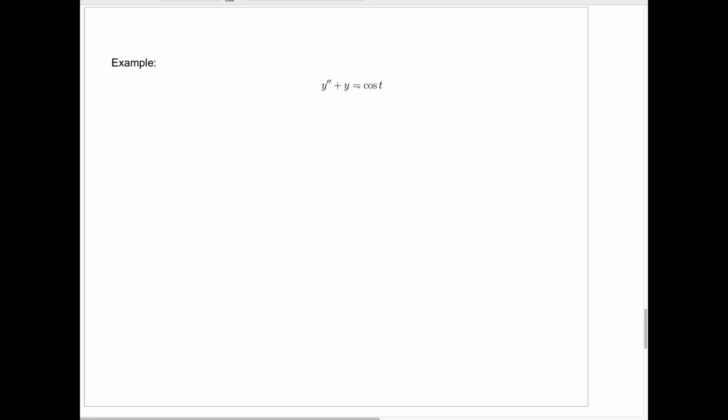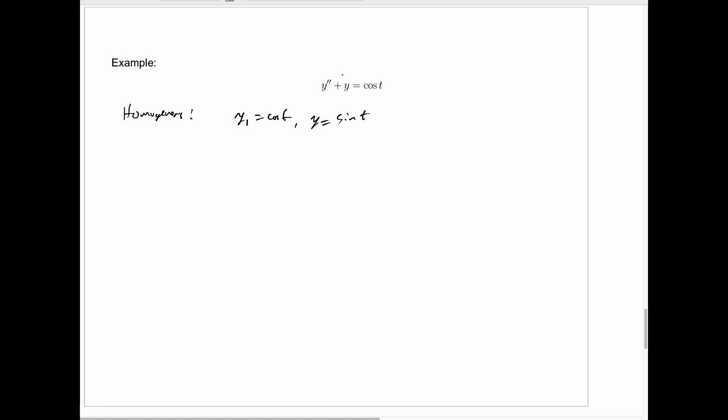Here, for the homogeneous equation, y double prime plus y equals 0, we had a fundamental set of solutions. y1 equals cosine t, and y2 equals sine t. And immediately you can see there's going to be interference here, because if I tried to just use a constant times cosine t plus a constant times sine t as my guess, the left side would always be 0.